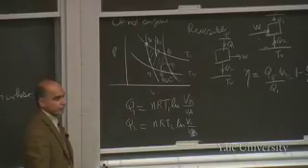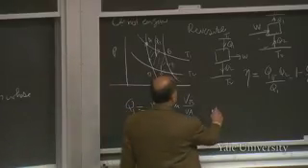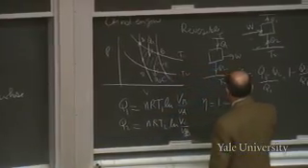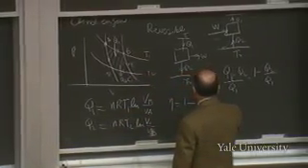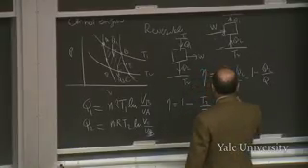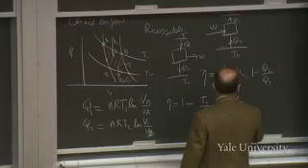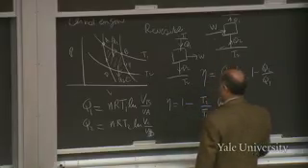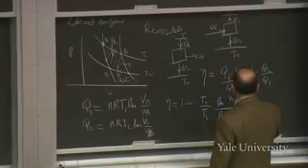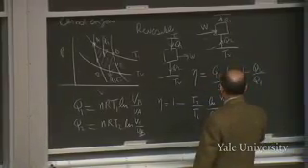So the efficiency now becomes 1 minus Q2 over Q1, which becomes 1 minus T2 over T1 times log Vc over Vd divided by log Vb over Va.